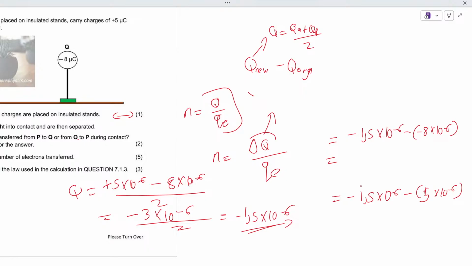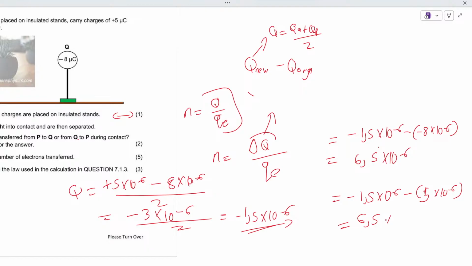The first answer will be 6.50 micro, and the other one is negative of that. The other one is positive, the other one is negative. 6.50 times 10 to the power negative 6, micro coulomb.